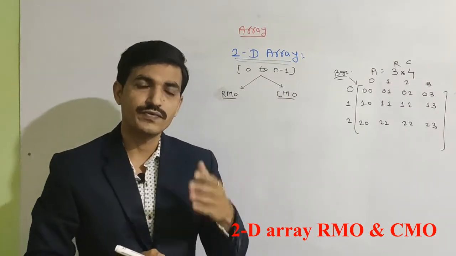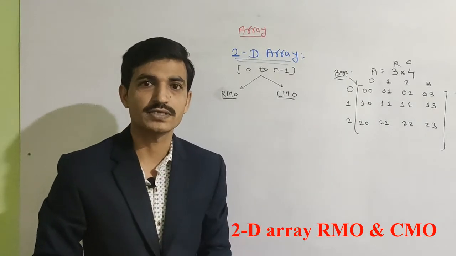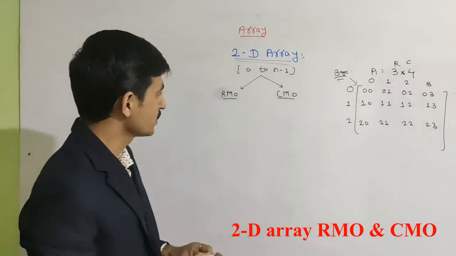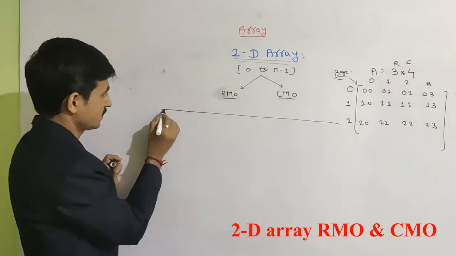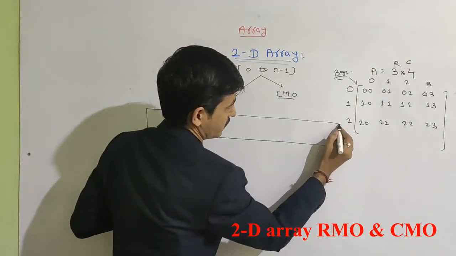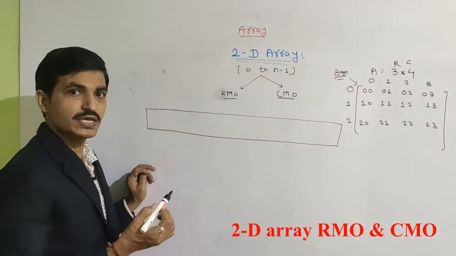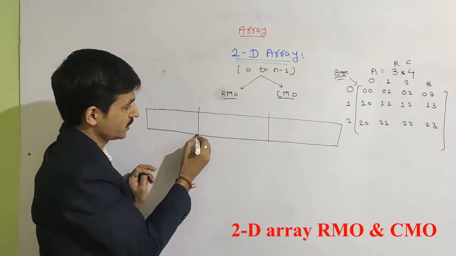In the row major order, we collect the elements from each and every row and write them as a one-dimensional array. Suppose there are 12 elements in total. In this example, there are 3 rows: row 1, row 2 and row 3.